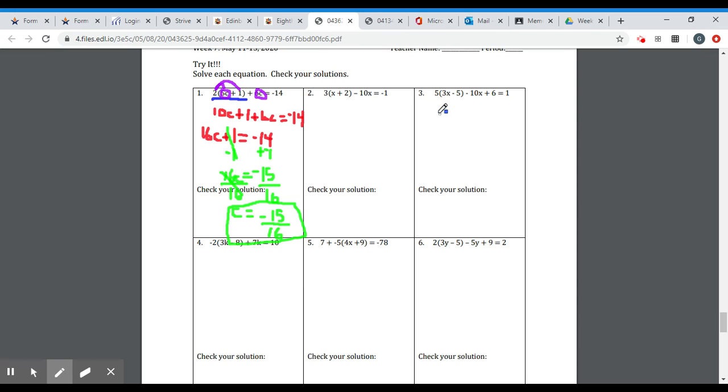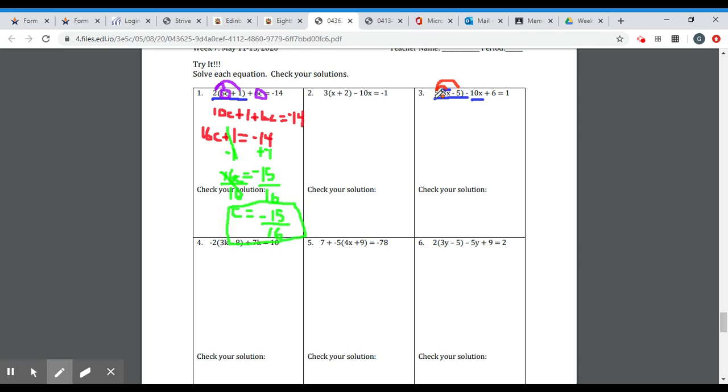So right here, I have distributive property, and of course, I have like terms. So what am I going to do first? Yep, distributive property. I'm going to distribute the 5 with the 3x and the 5 with the minus 5.